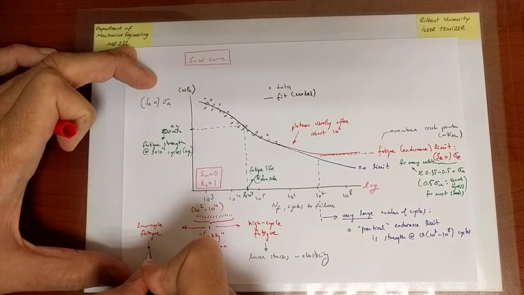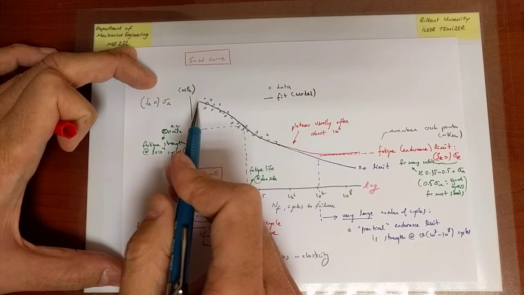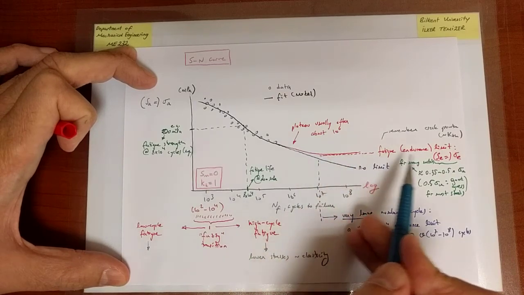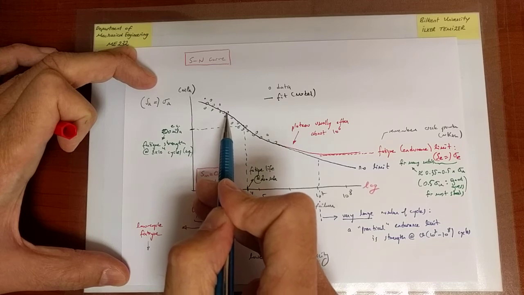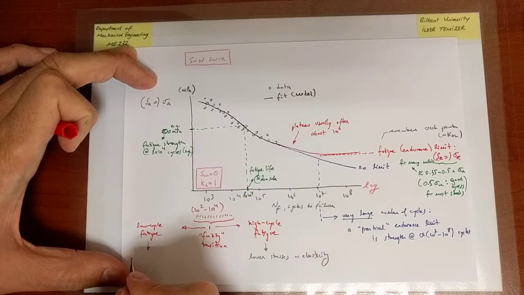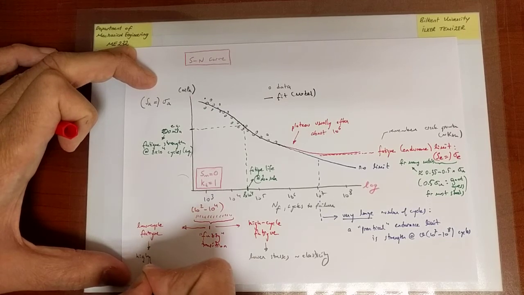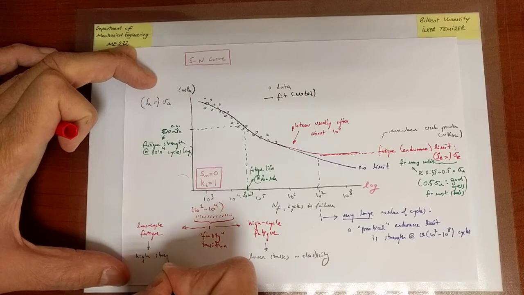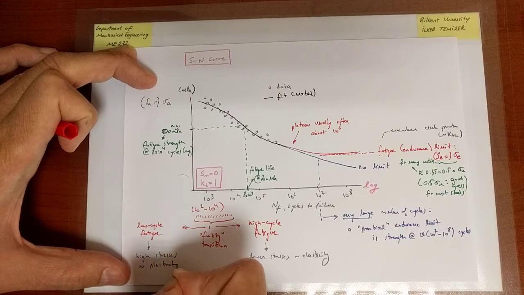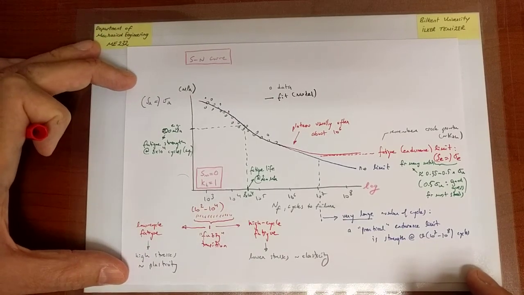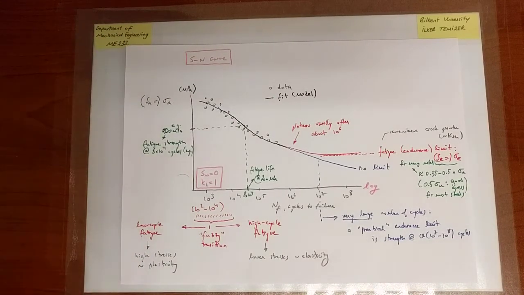Whereas in the case of low cycle fatigue, the stresses might be so large. Remember, if this is half the ultimate strength, then the stresses we're talking about here are actually very close to those values, probably well beyond the yield strength of the material. So here, what we're talking about is high stress, which has to do with probably significant plasticity, at least some appreciable amount that you cannot safely omit.